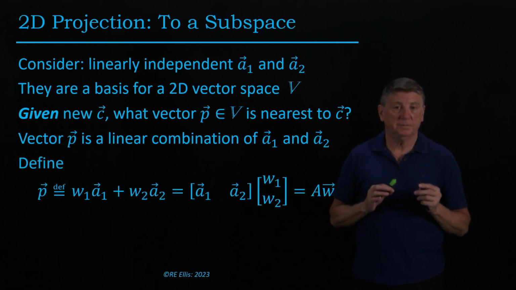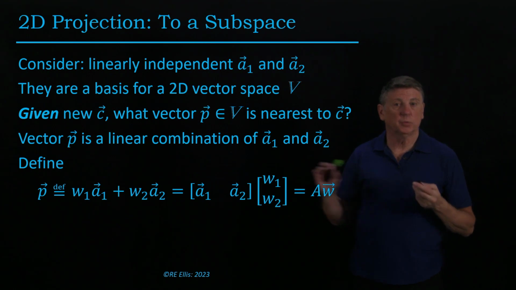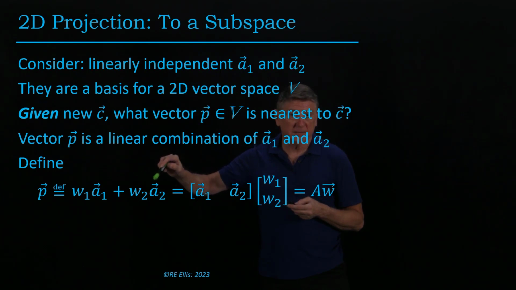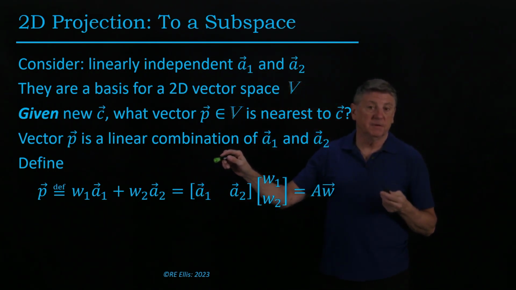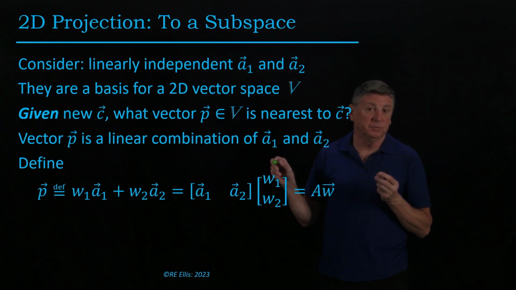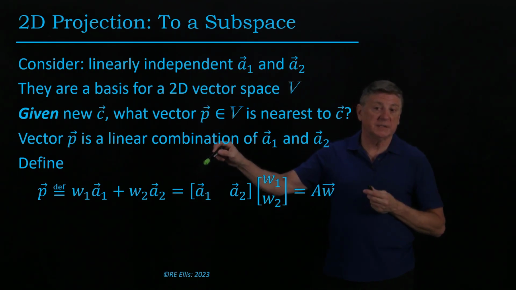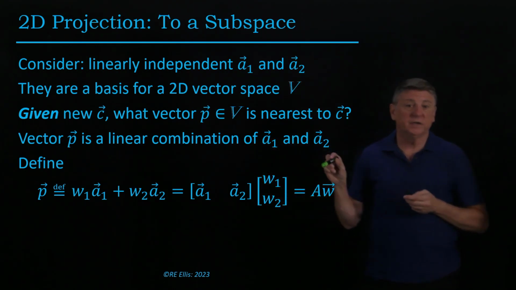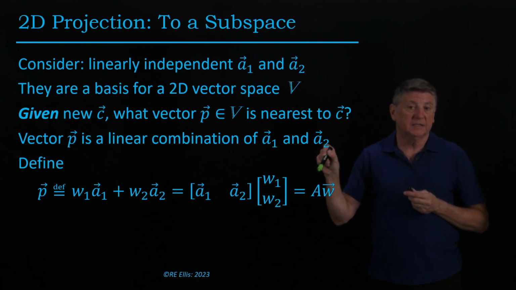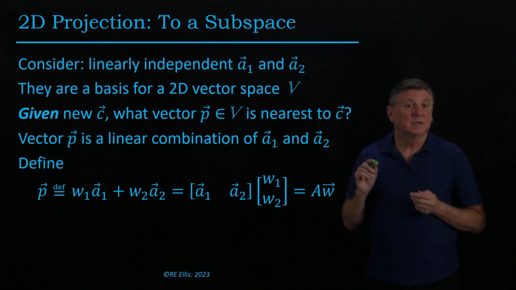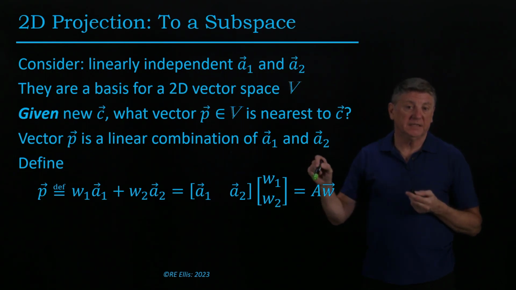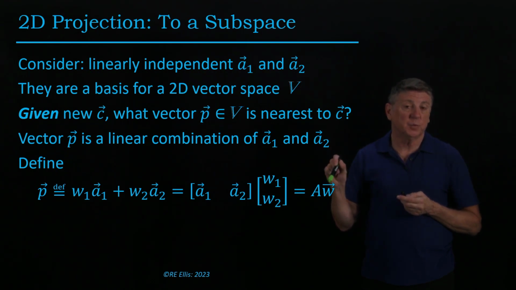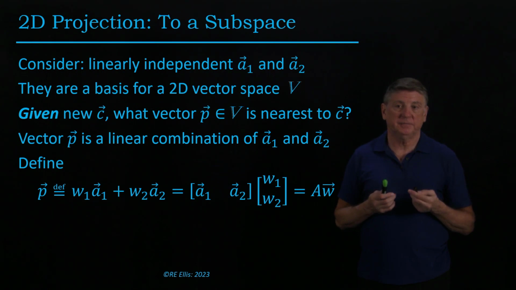So let's define P as the weighted sum, W1 times A1 plus W2 times A2, or we can collect these terms into matrices and vectors, and we can say that this is the matrix A1, A2 times the vector W1, W2, and we can write that as a matrix A times a vector W. Let's observe that we are given these values in A, and we're given the values in C, and we want to find these weights W that cause this projection.